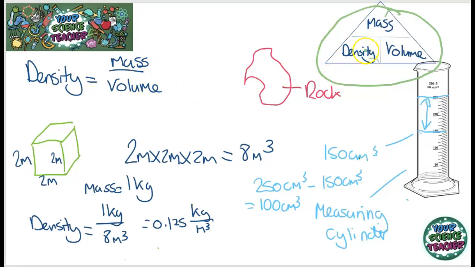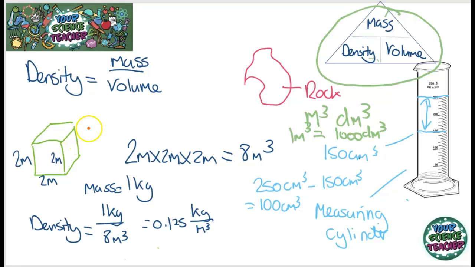So the density is equal to the mass divided by the volume. You're going to have to be careful with this, because sometimes they try and trick you with meters cubed and decimeters cubed, and you need to be able to freely convert between the two. I always remember that 1 meter cubed equals 1000 decimeters cubed.